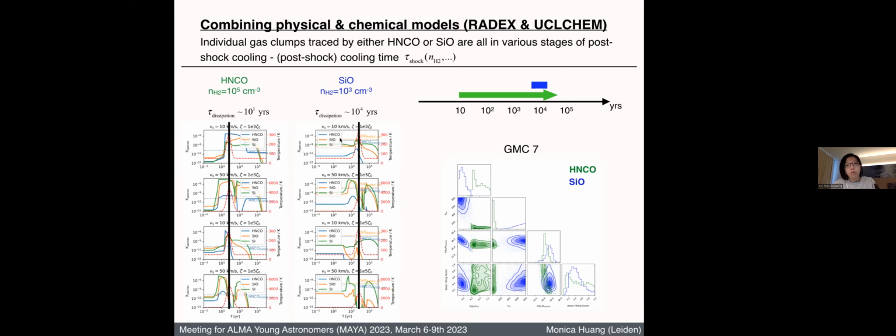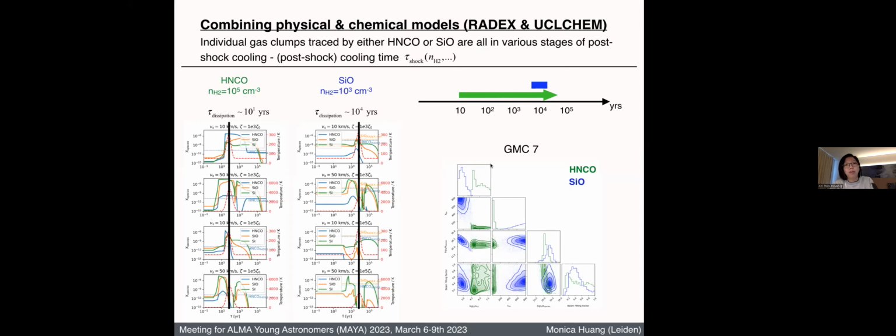In this particular GMC, we measure a very cold temperature traced by HNCO. So it means that the time scale since the last shock episode that this gas parcel experienced has been much longer than the shock influence time, which I plotted here around 10 years. So the green arrow must be much greater than this 10 year time scale.